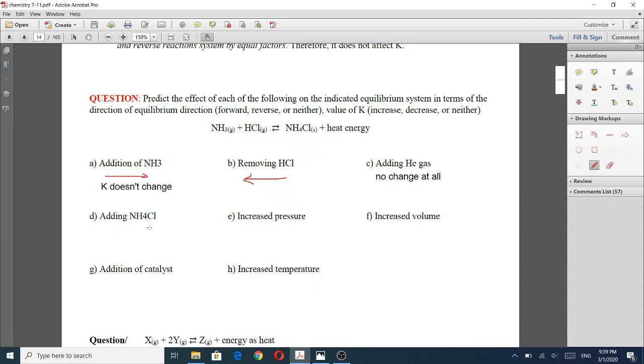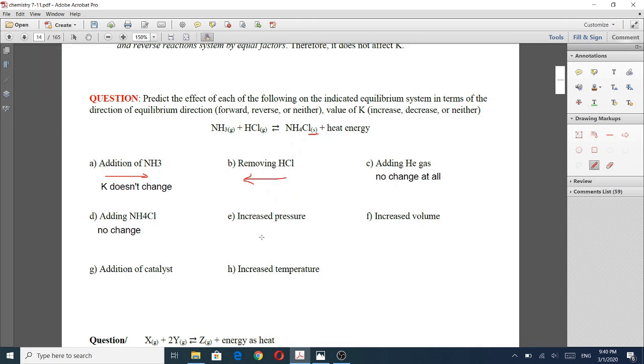Some students get confused at this point. If we add NH4Cl, since it is solid, and concentrations of solid don't change, don't make that mistake. It doesn't shift towards any side, so no change because it is solid.